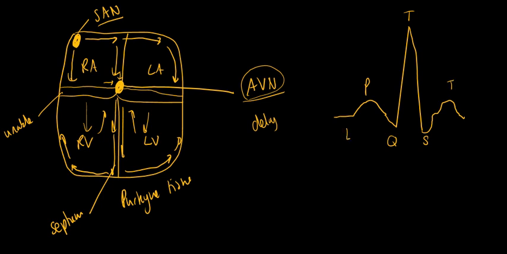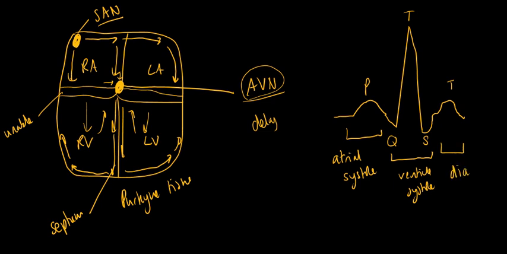So the P wave here represents the atrial contraction, which we call the atrial systole. Our QRS complex is our ventricular systole, so this is the ventricles contracting, and then our T wave is the atria refilling, called our diastole.